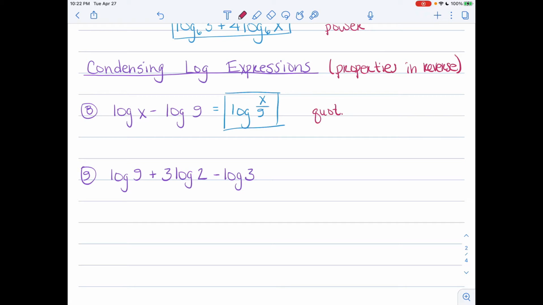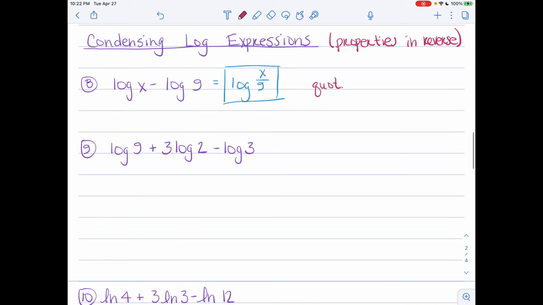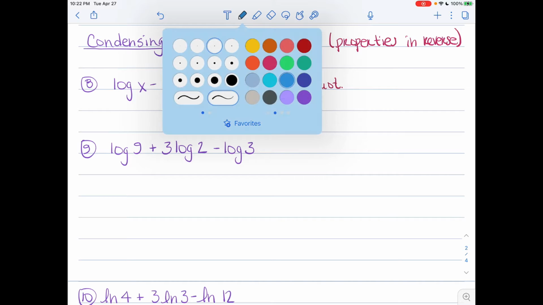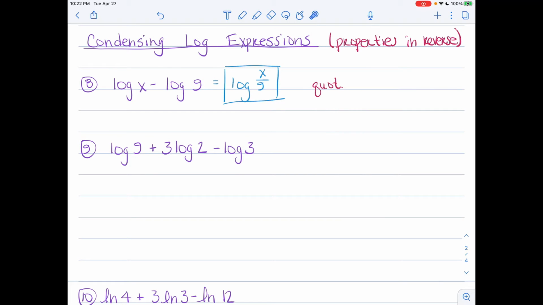Let's go ahead and look at another one. Number 9 says log of 9 plus 3 log 2 minus log 3. There are a few ways to start this, but I always like to go in the reverse of what we did before. I see that this 3 here, remember that's multiplied by log 2, I could create a log 2 raised to the third power.